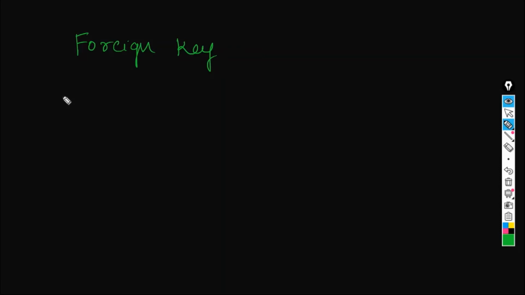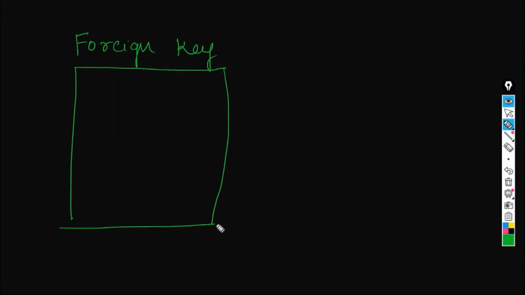All this information will be mentioned. Let's take the example as usual, our student table. This is the student table. And then we'll have a department table, which will have a department name and then ID.